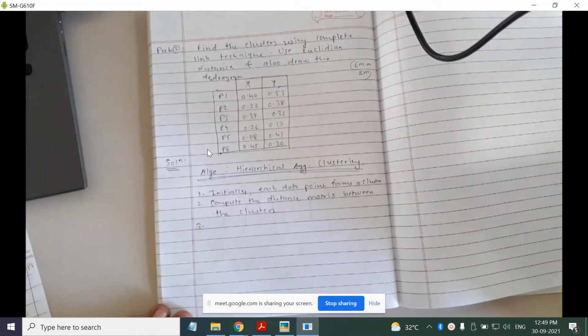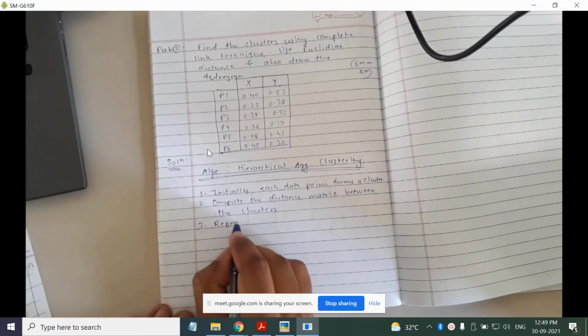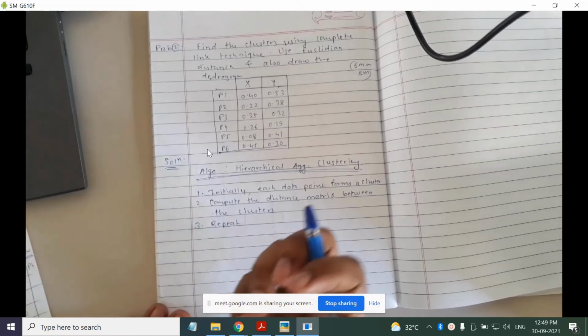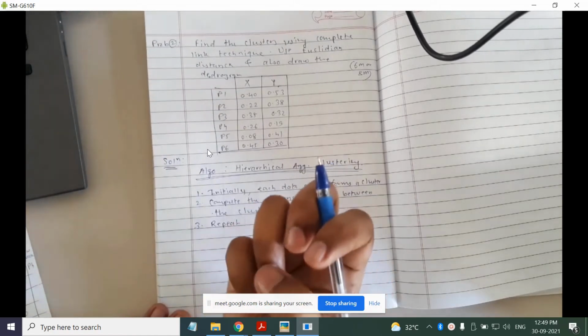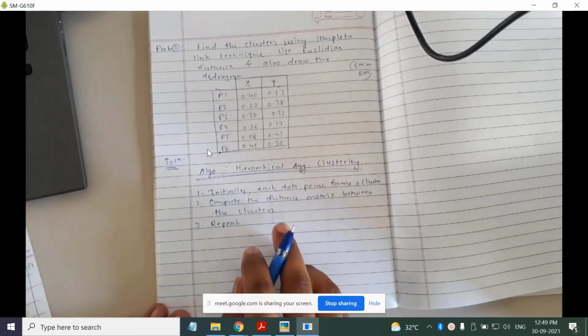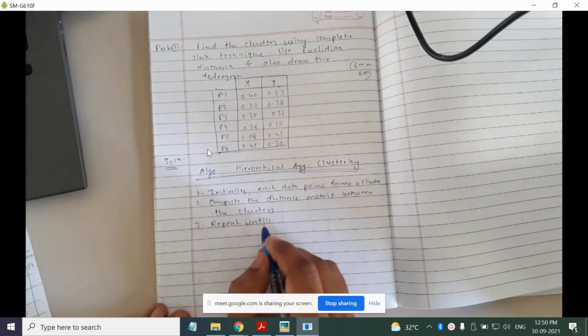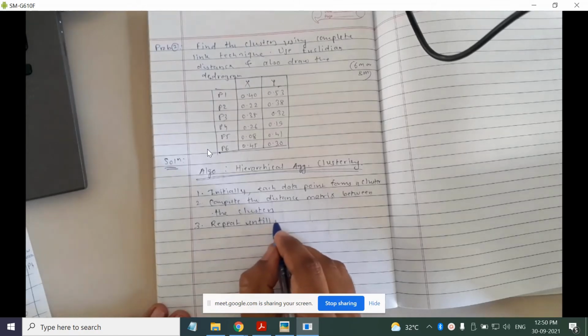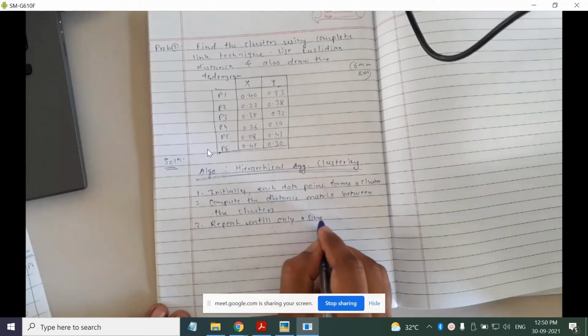Third, repeat. We will go in a loop and repeat the same steps. What are the steps? Find the closest pair, merge it and update the distance matrix. Repeat until, and what is the termination condition? Until only a single cluster remains.